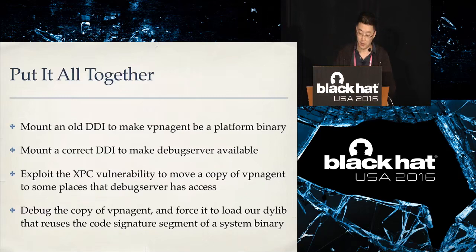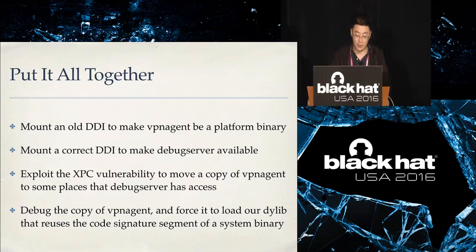So to put it all together, we first mount an old DDI so that we can make VPN agent a platform binary. And we also mount a correct DDI so that debug server is available on the iOS device. And we use the XPC vulnerability to move the VPN agent to some place where debug server has access.